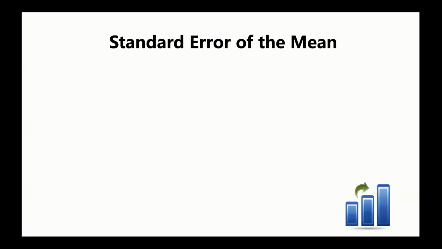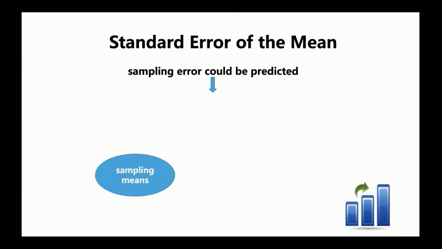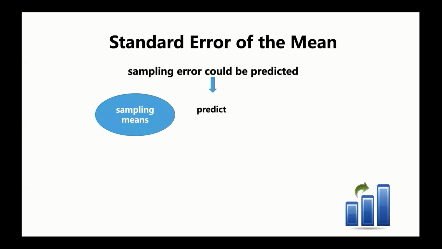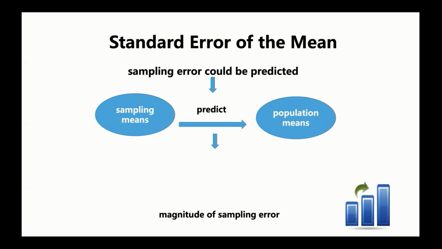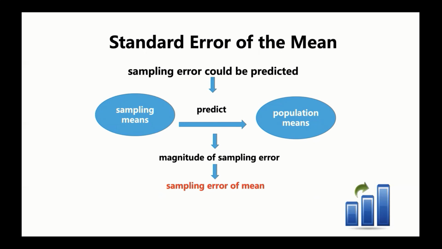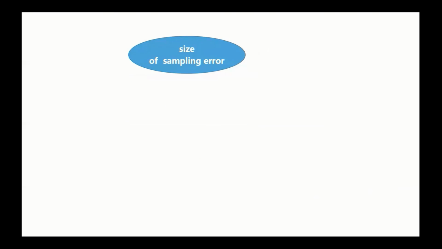Well, for the standard error of the mean, since the extent of sampling error can be predicted, we can use sample means to predict the population mean. To do this, we have to know the magnitude of the sampling error. The useful tool for this is the standard error of the mean, which manifests itself in the variability of the sample means.